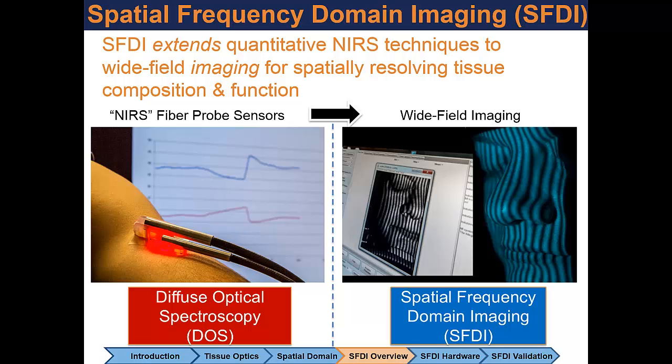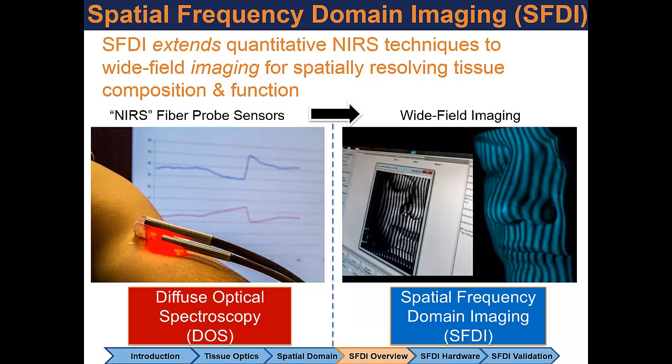So I'll talk about wide field imaging, but mainly about my favorite version of that, which we call spatial frequency domain imaging, or more generally structured light illumination. We found that adding spatial contrast over a wide field allows you to keep the quantitation that you have in these near-infrared probes. This is a diffuse optical spectroscopy device here at the Beckman Laser Institute.